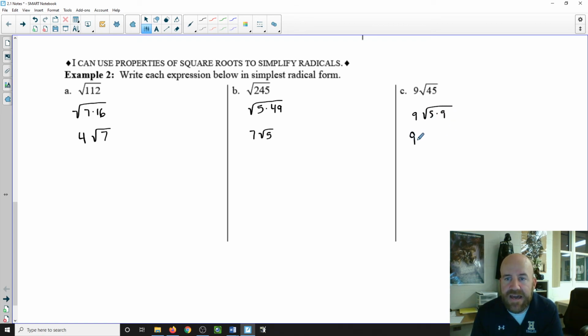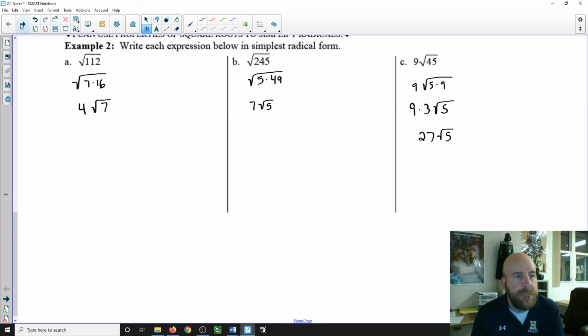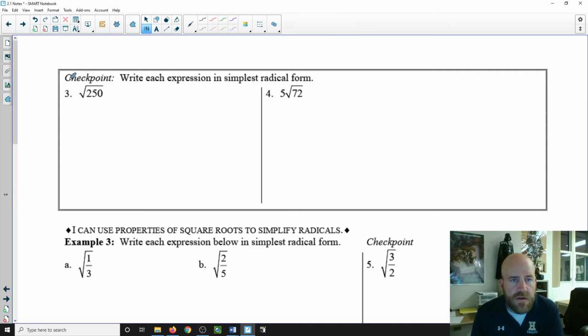We're taking the 9 that's already out there, multiplying it by square root of 9, which is 3, and then square root of 5 stays inside. Multiply 9 and 3 together, get 27 times root 5. Okay. Go ahead and pause and try these checkpoints.